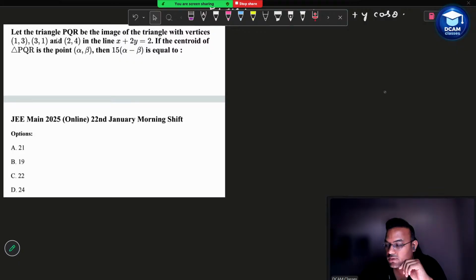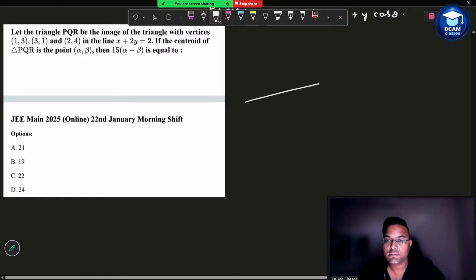Acha, let me draw the triangle. Let the triangle PQR be the image of the triangle with vertices in the line. Acha, see. Suppose this is your x plus 2y is equal to 2. Yes, sir. This is your triangle.